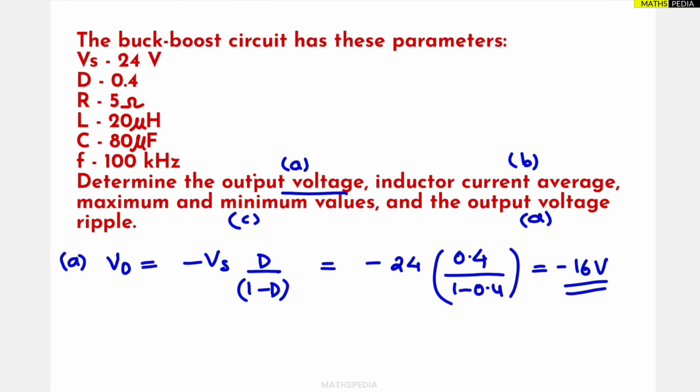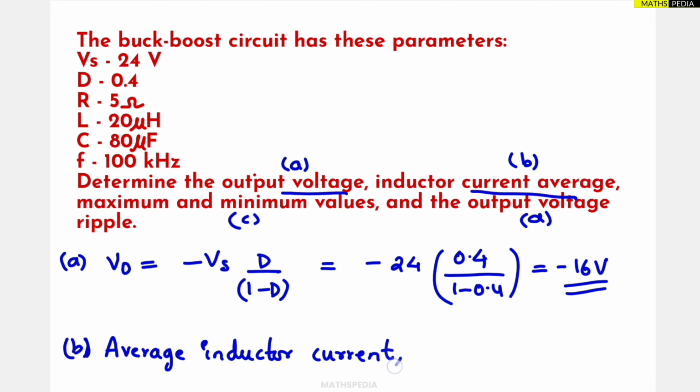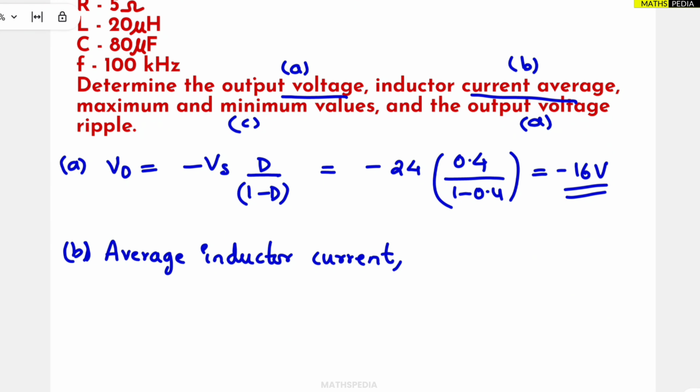Let us proceed with the second part of the question, where we have to find the average inductor current. The average inductor current, denoted by IL, is given by the direct formula Vs times D divided by R times (1 minus D) squared.